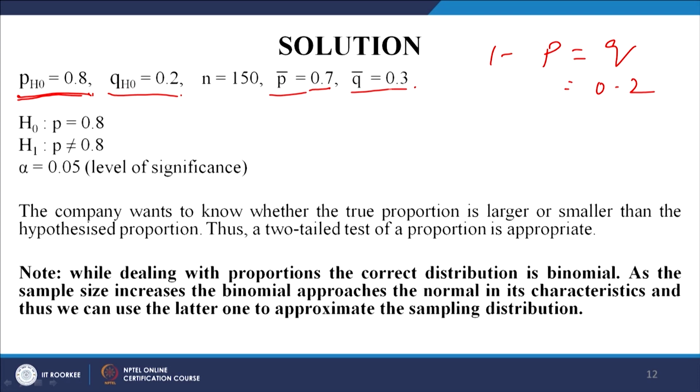What is your null hypothesis? Now, 80% of the people are promotable, but is that what he is interested in? If he had been interested, he would not have asked for a check, right. He would have directly given promotion, but he is not doing that because he knows that it adds to the cost of the company. That is why the president has taken interest in checking this. So, this is what is of interest to him, right.